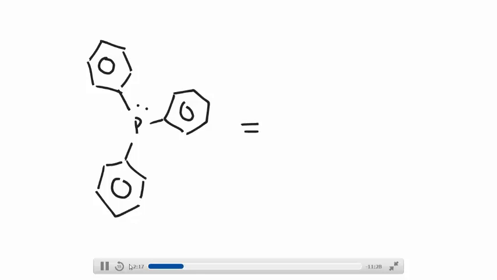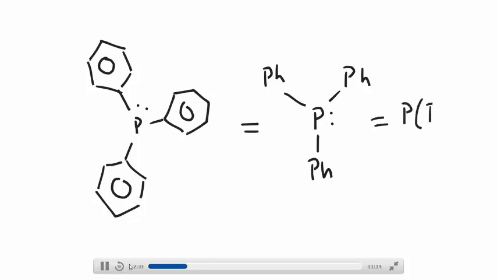And we often will denote this as phosphorus, and we have Ph's to represent phenyl rings. This is commonly used, or we just say PPh3 to make this much more simple. But these are the different chemical species. These symbols all represent the same chemical species. They're all exactly the same.